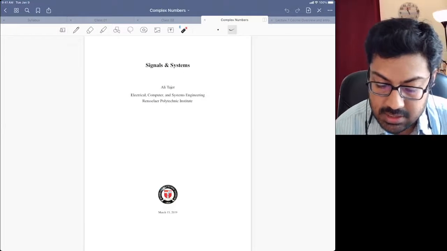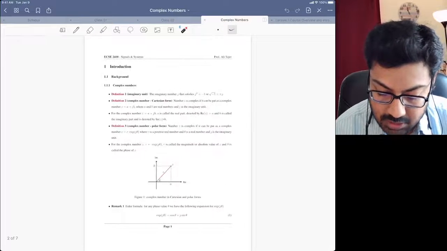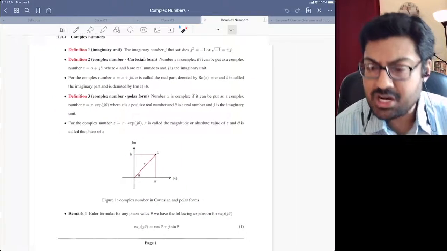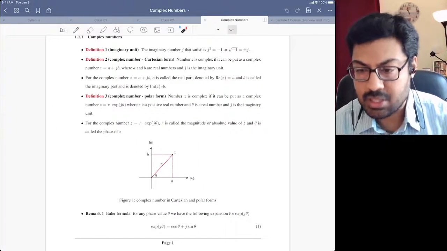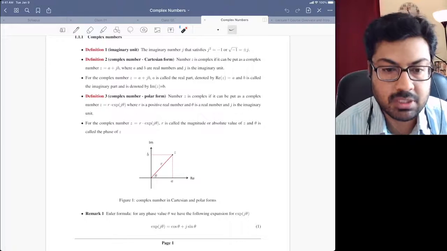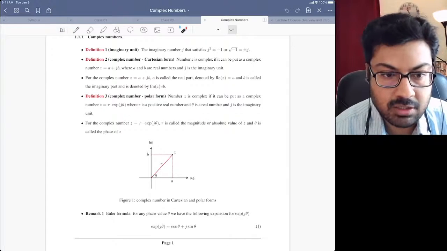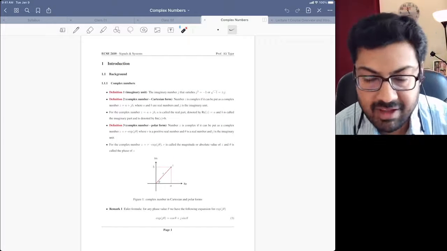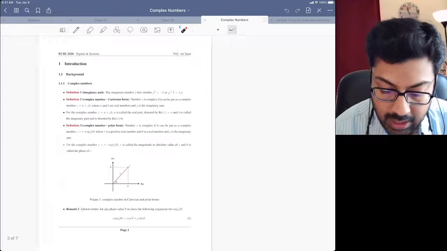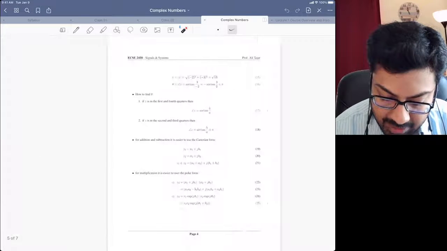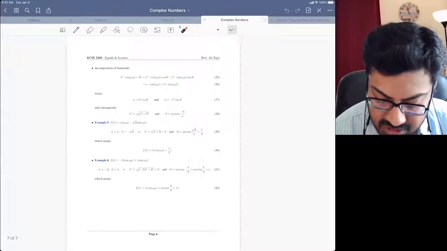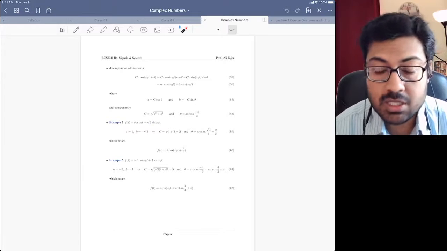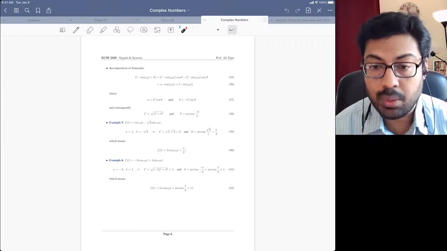So this is Signals and Systems Complex Numbers by Professor Tajer, and it talks about the general ideas in a complex number system. How do you represent complex numbers? How do you go from one form to the other? How do you calculate the magnitude and phase of a complex number, and so on. So not too many things, maybe about 5 or 6 pages, with some examples at the very end. These should help you with homework number 1.